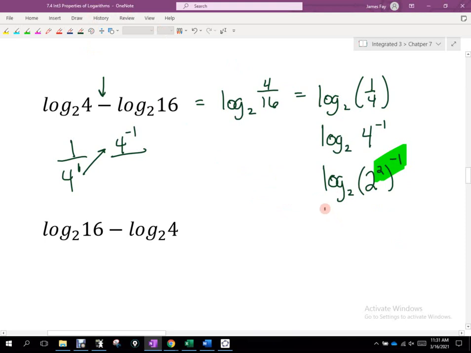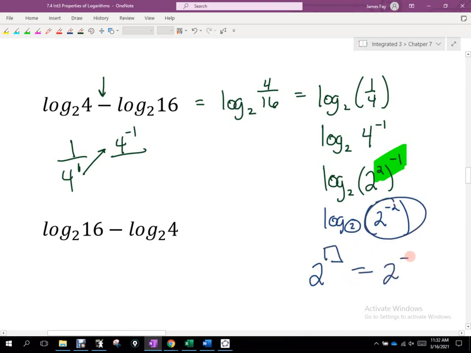So if I multiply those, this turns into log base 2 of 2 to the negative 2, right? That makes sense? Okay. So now here's my question. To evaluate this, what do I take 2 to, which is that base? What do I raise it to so that it gives me back this? What does this thing in the box have to be so that it equates to this thing?